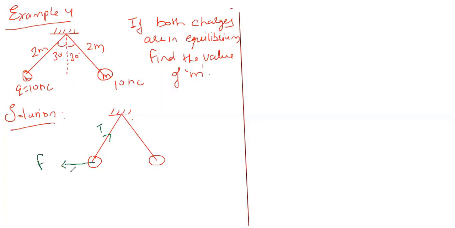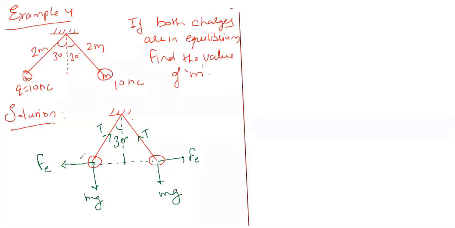Let us name this Fe, and here mg will be felt. Similarly here also T, and here electrostatic force, and here mg, and this is the distance between them, and this angle is 30 degree.